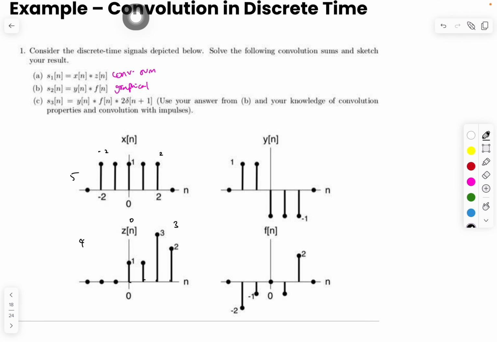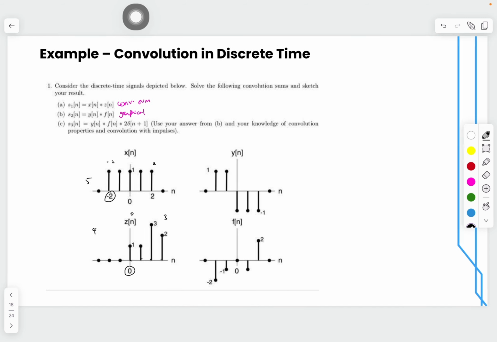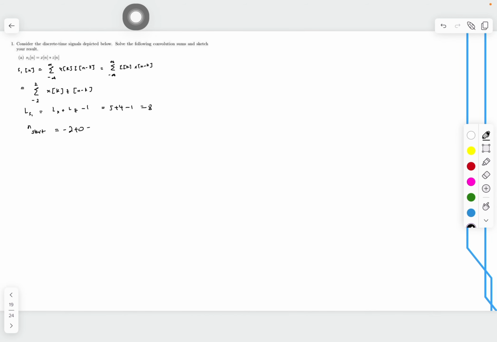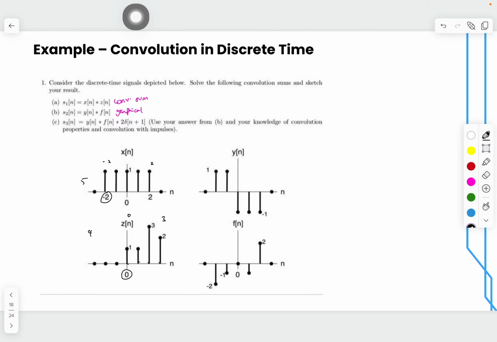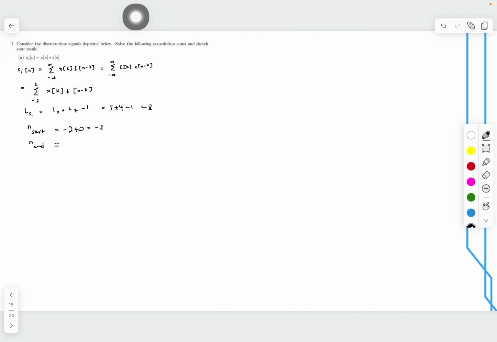So x starts from minus 2 and z starts from 0, so it's negative 2 plus 0, minus 2. And then the ending index: x ends at 2 and z ends at 3, so 2 plus 3, 5. So n is between minus 2 to 5.